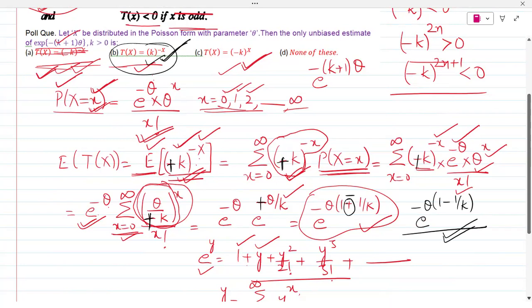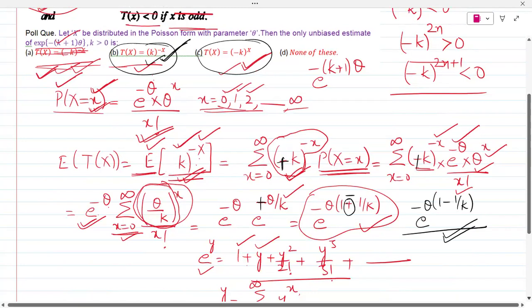Now the last option is nothing but this one. So I make the changes. All the changes are there. It is (-k)^x, and here it will be plus x.